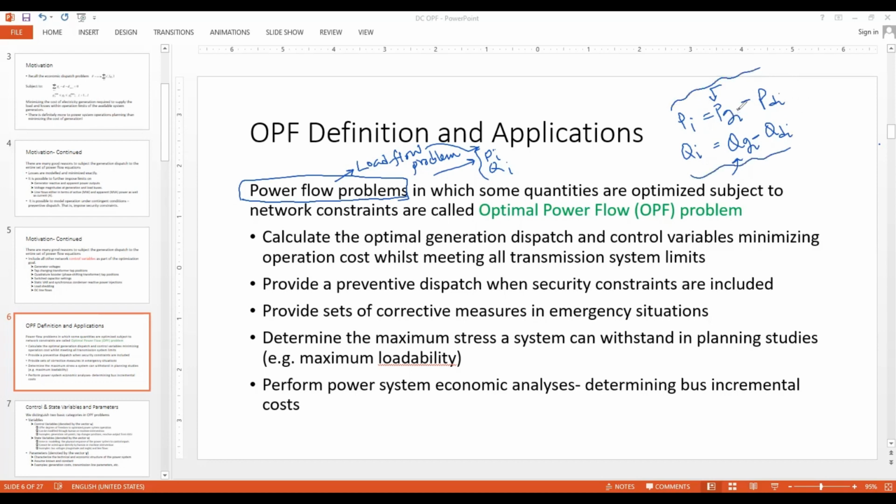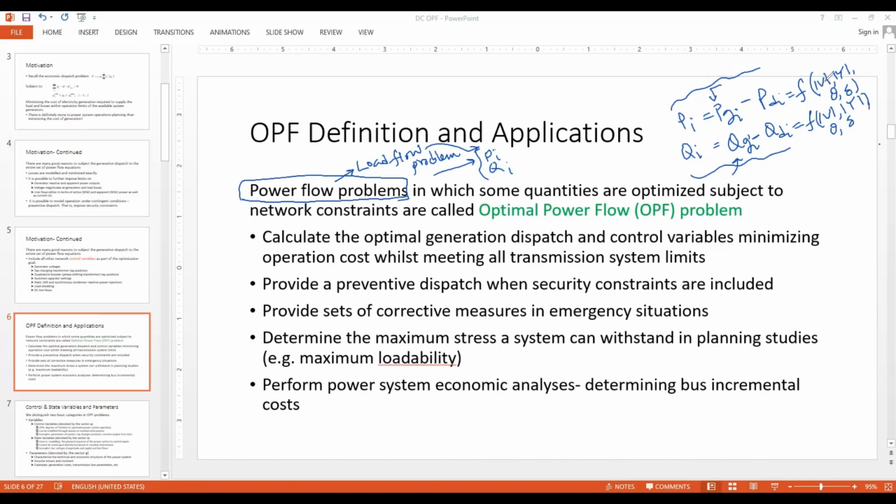And how do we change these PGIs and QGIs? As we showed, this is some function of voltage magnitudes, and of course Y bus entries, which are constants, and there are some associated angles, theta and delta. Similarly, this is also some function of the voltage magnitudes, the admittance entries, the phase angles of the bus voltages, and the angles of the admittance.